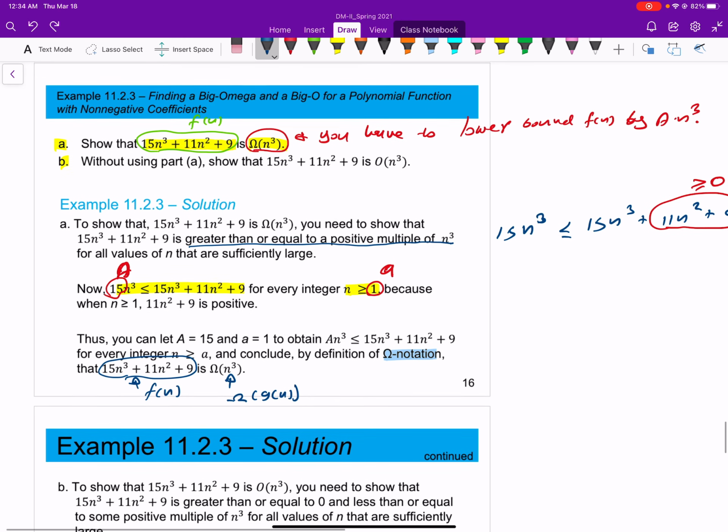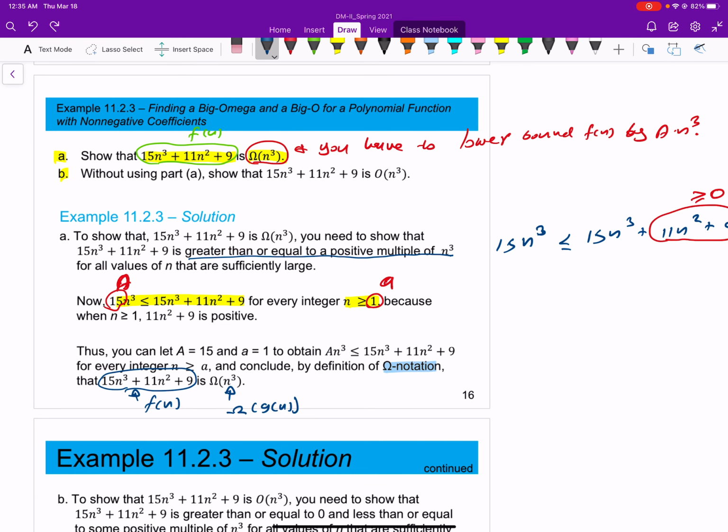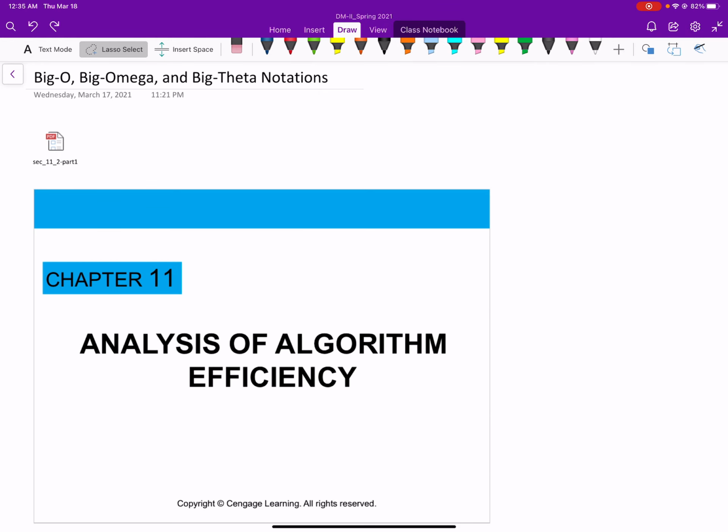For O notation, you have to use the upper bound. Okay, let me copy this.